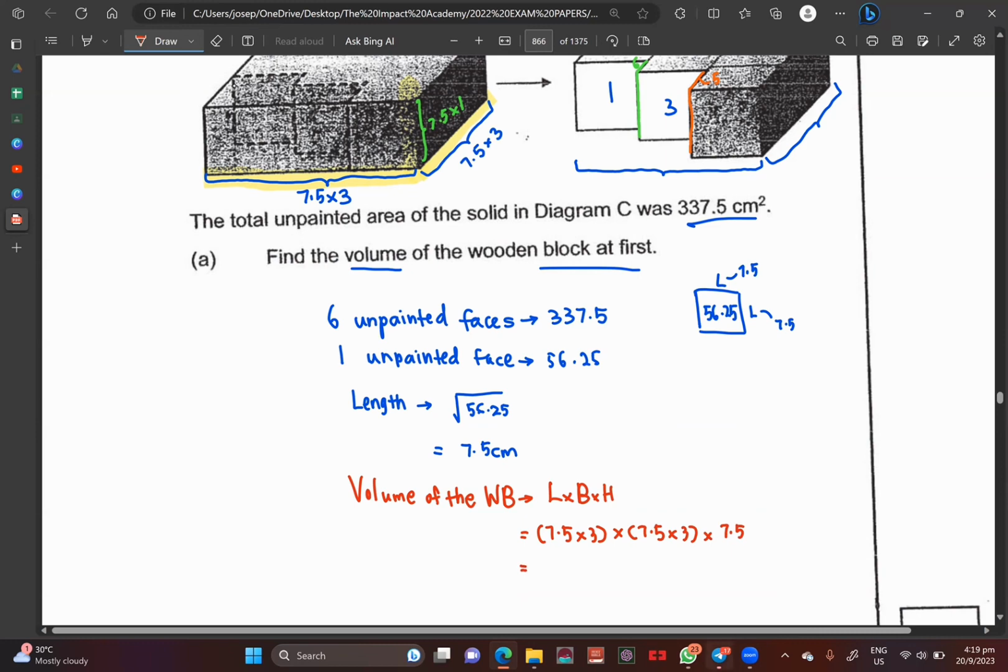When you do 7.5 times 3, you get 22.5. So it is 22.5 times 22.5 times 7.5, and you will get an answer of 3796.875 cm³. So this is the first part of this question.